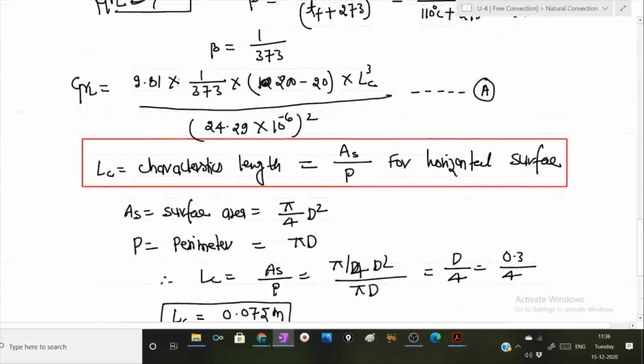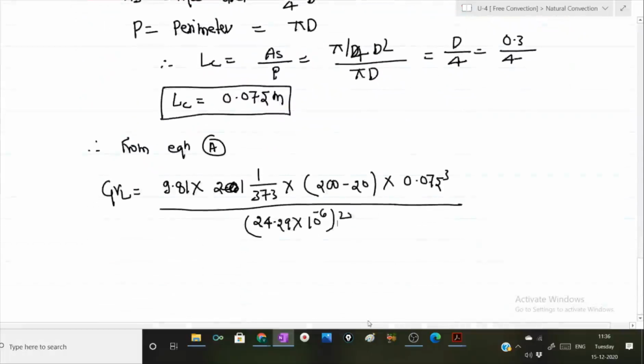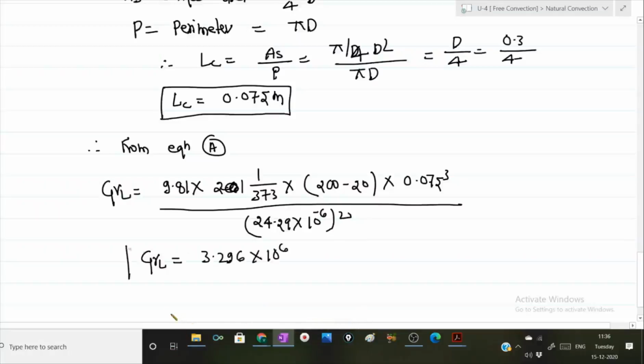In this equation A, I have put the value of Lc only. Now when you will calculate, what you will get, value of Grashof number as 3.296 into 10 to power 6.